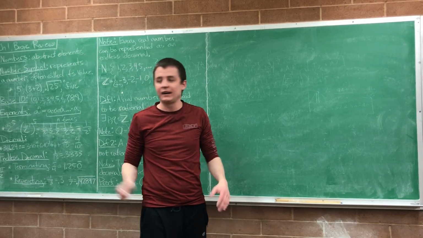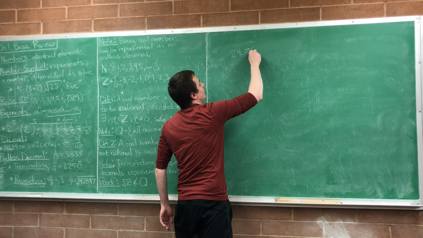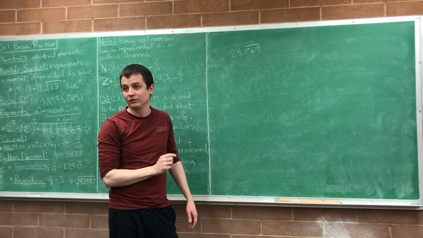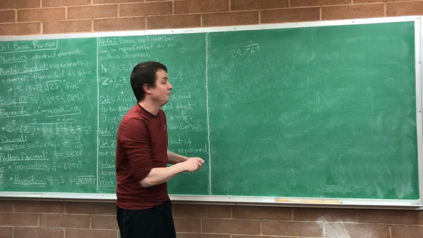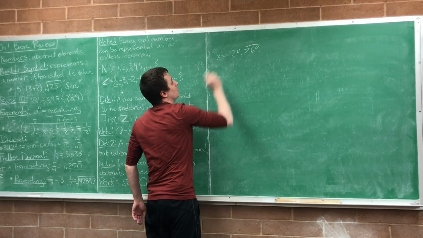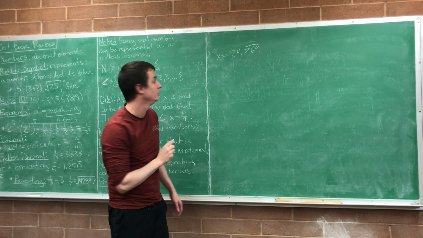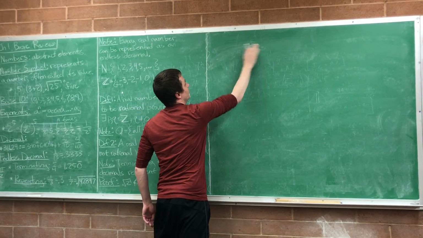So if we're talking about like 24.769 repeating like that, let's show that this is actually a rational number. You with me? Okay, so I'm going to say x is equal to that number. Good so far? Then 100x, sorry, we need 1000. Sorry, let me shift it some.